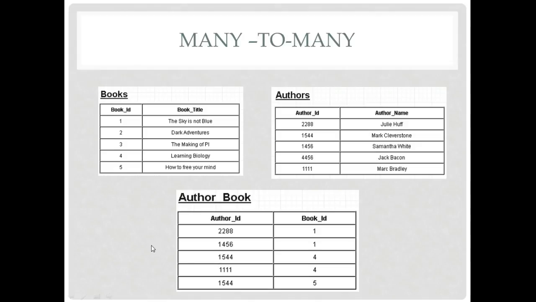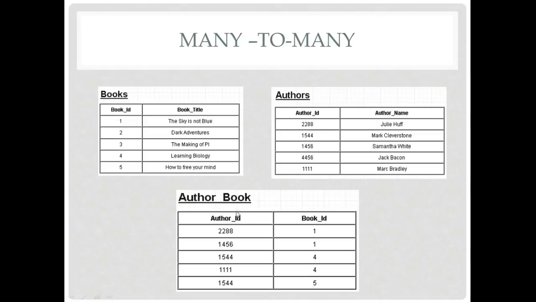And this is the table that's going to bind the book table and the author table together. So this is how you would go about implementing a many-to-many relationship. You always have to make sure that when you're dealing with a many-to-many relationship, there's always going to be three tables in order to create that many-to-many relationship.